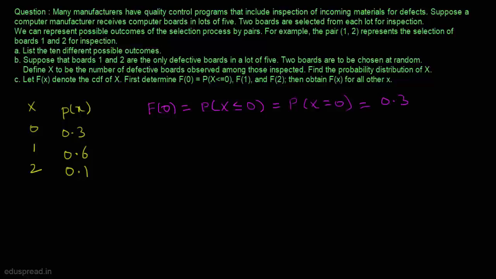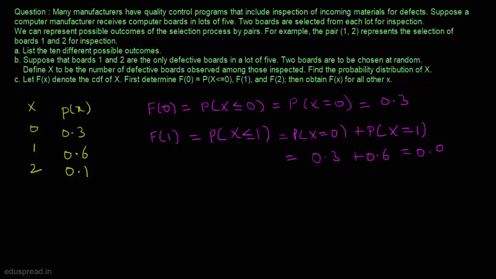Now we have to calculate the F of 1. So this is equal to the probability that x is less than or equal to 1, because this is the cumulative distribution function. So this is equal to the probability that x is equal to 0 plus the probability that x is equal to 1. And this is equal to 0.3 plus 0.6. So this is equal to 0.9.